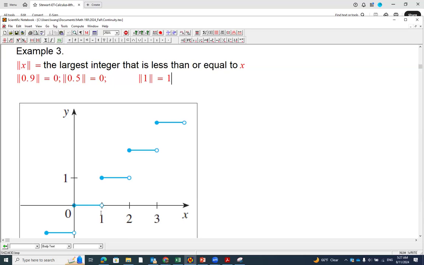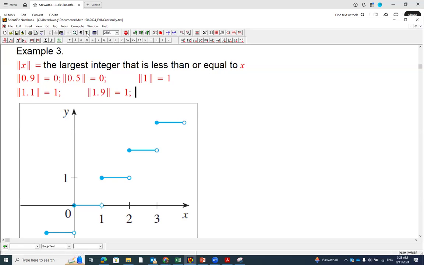There's a jump. In the interval between 1 to 2, if you talk about 1.1, 1.2, 1.3, right, if we talk about 1.1, the largest integer that's less than or equal to x is going to be 1. So you keep going until we have 1.9, and that output is also 1, right?